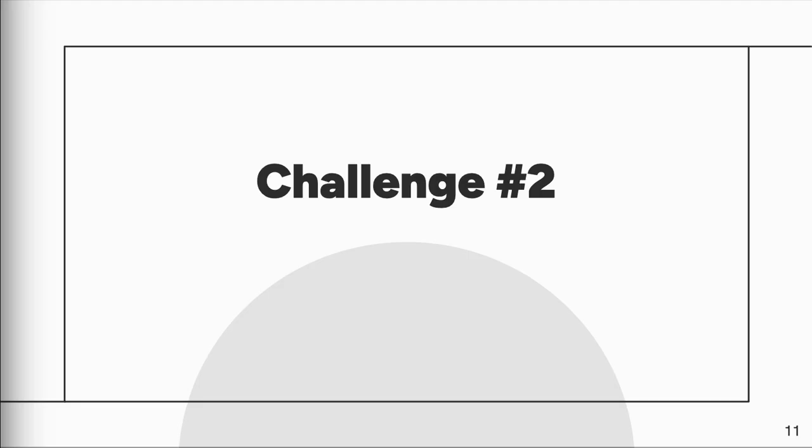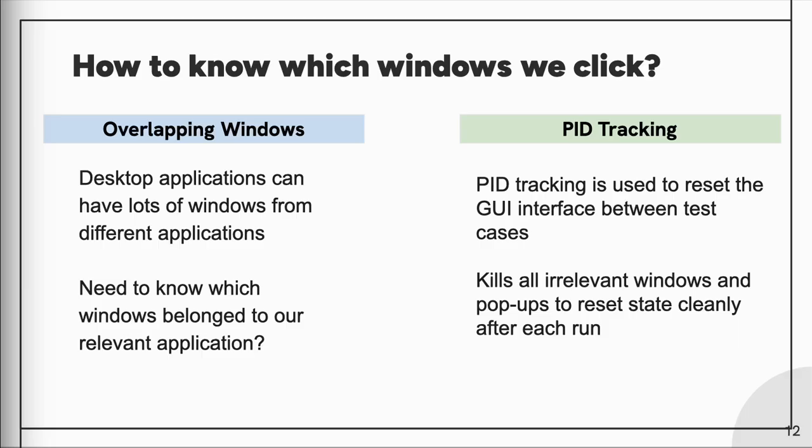All right, now on to the next challenge of getting past the desktop-specific GUI problems. So unlike mobile applications, where the application is stuck in a sandbox on the device, where specific locations can be registered for clicks, desktops are quite different.